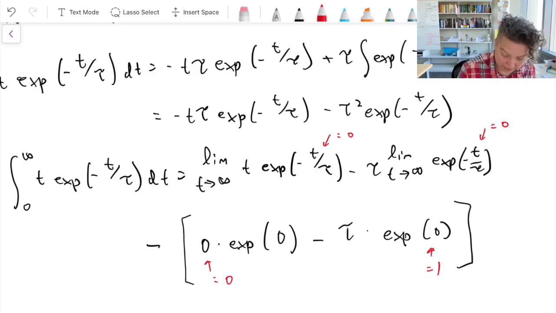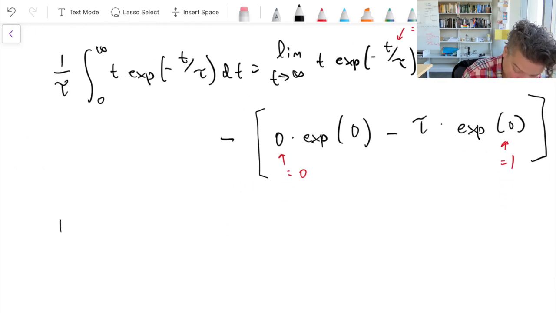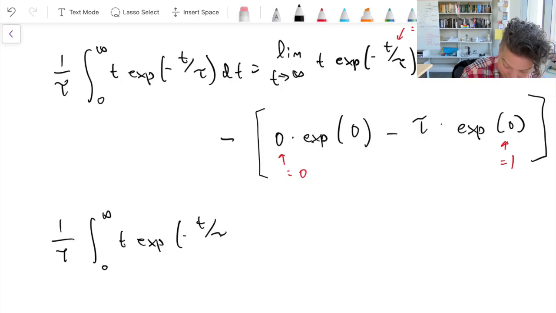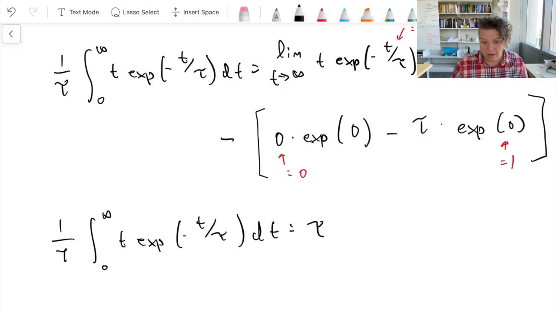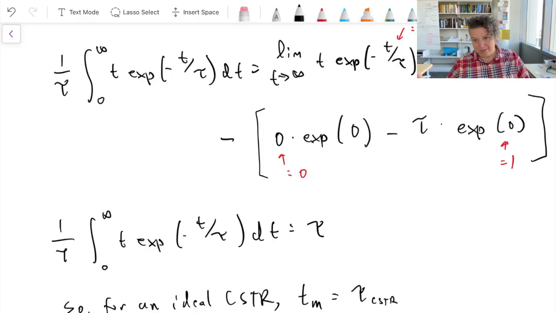So the entire integral, 1 over tau integral 0 to infinity t exponential negative t over tau dt, is equal to tau. So for an ideal CSTR, the mean residence time equals tau. So no big surprises there.